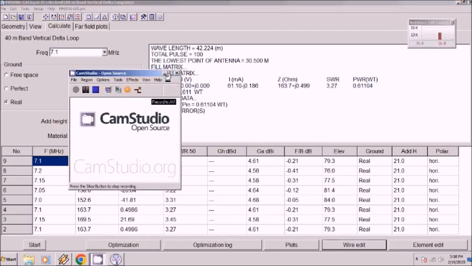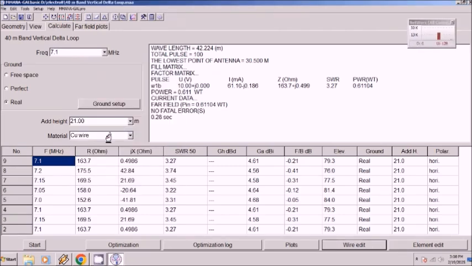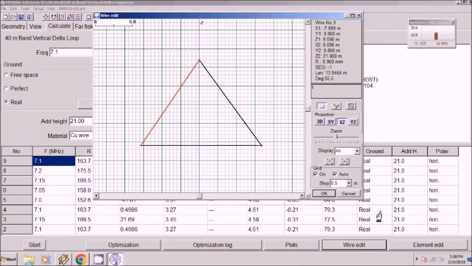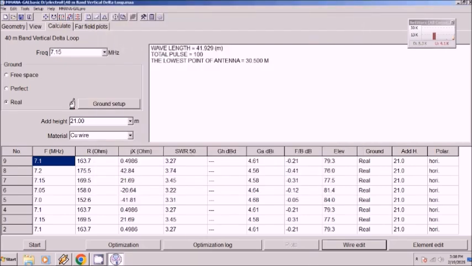What is interesting is, can this antenna with this dimension be used at another band, for example at the 20-meter band or 15-meter band or 10-meter band? Let's check with this simulator.